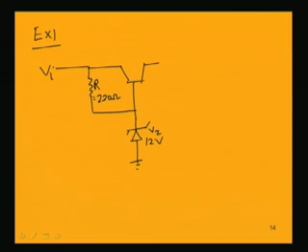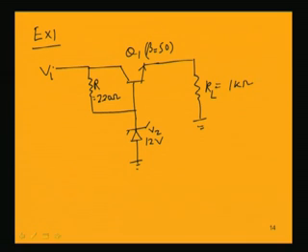Vi is the unregulated supply voltage, Q1 is an NPN transistor with a beta value of 50, and the load resistance RL is 1 kilo ohm. This is the voltage V0, the regulated output we should get. So Vi is unregulated, and by using this voltage regulator circuit we should get V0, which is a regulated voltage.